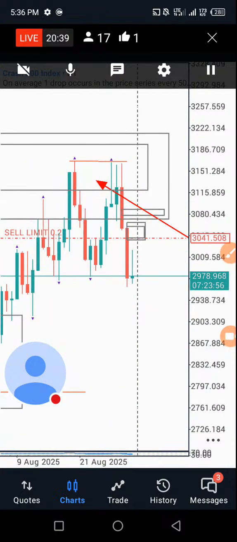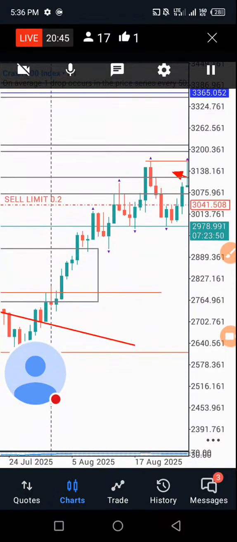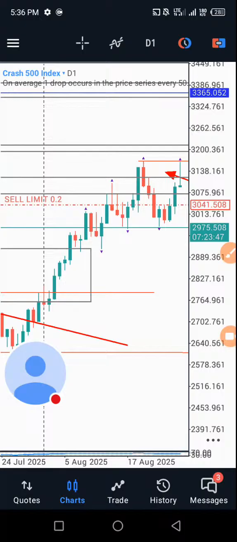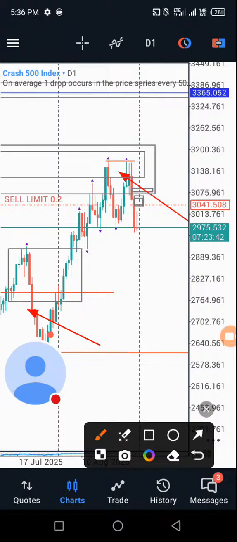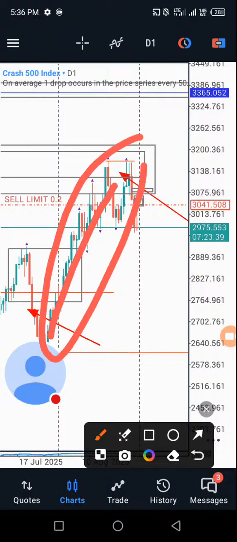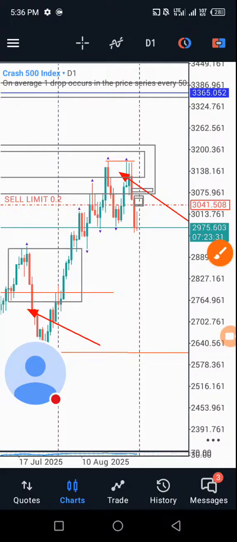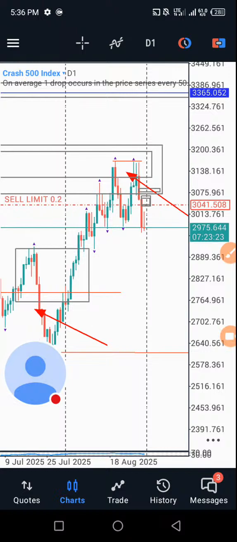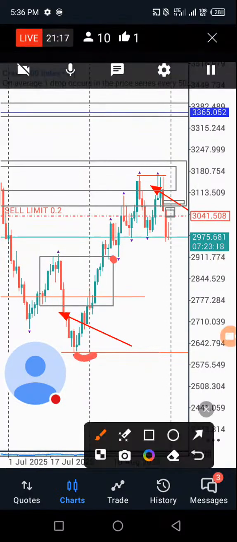So now, after establishing that fact, what did we actually say yesterday? We said that on the daily time frame, you will notice that this is the leg we want to consider. When we are looking at this leg, what we want to look for is still our break of structure, because so far so good, market has been trending up with this low here, this low here, this low.